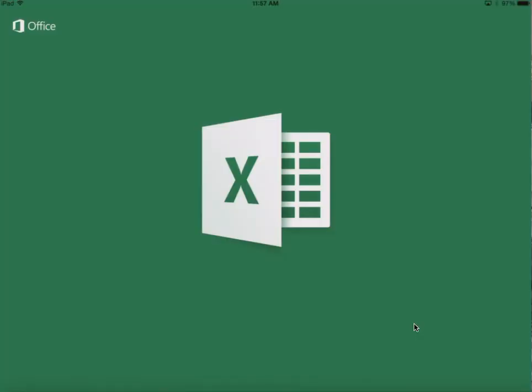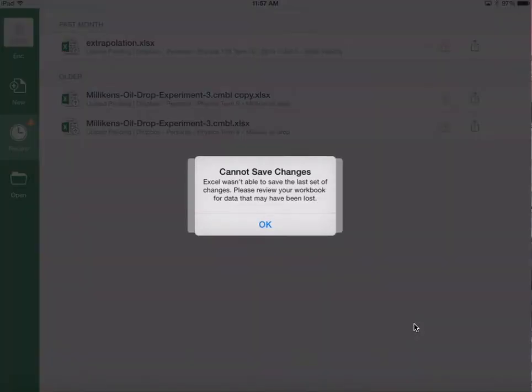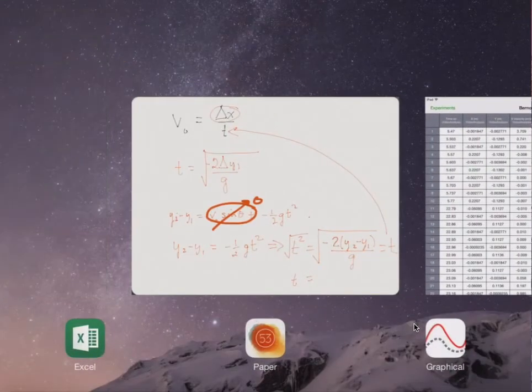Oh, it crashed on me, or it closed, I believe. So it should still be in there. I'll just go back in.